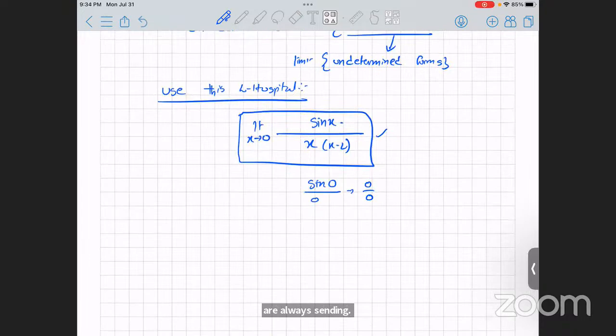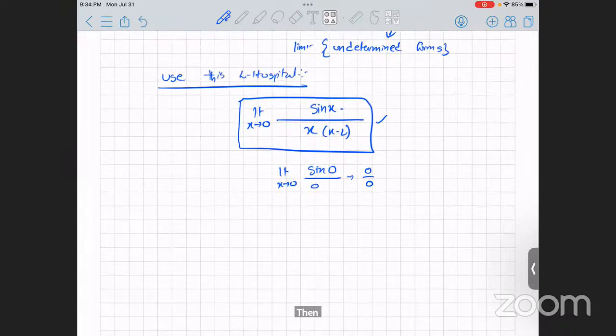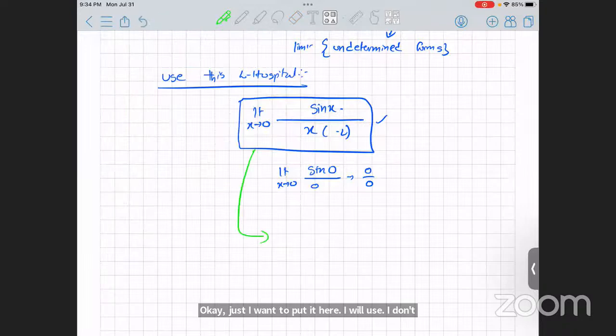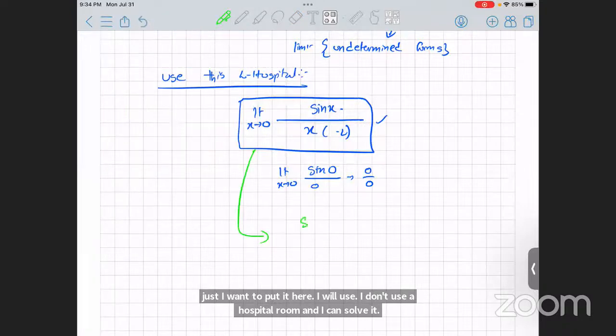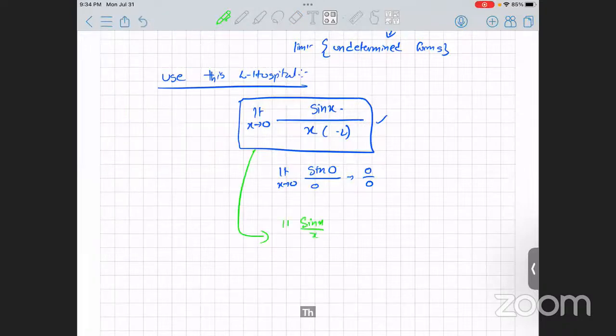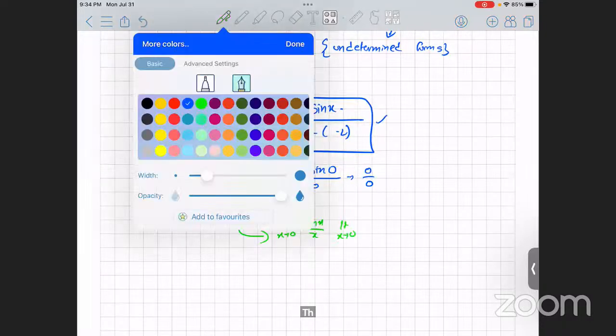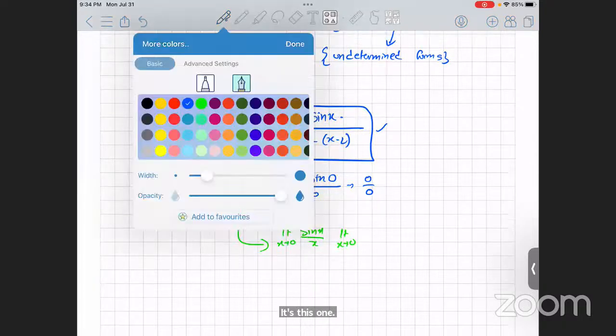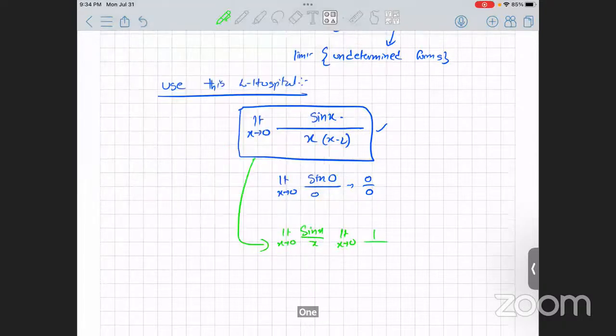Now there are two ways to solve this. I don't use L'Hospital rule and I can solve in one way: limit x tends to 0 of sin x by x, which is 1, times limit x tends to 0 of 1 by x minus 2.